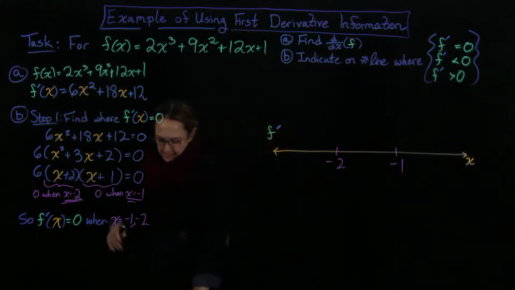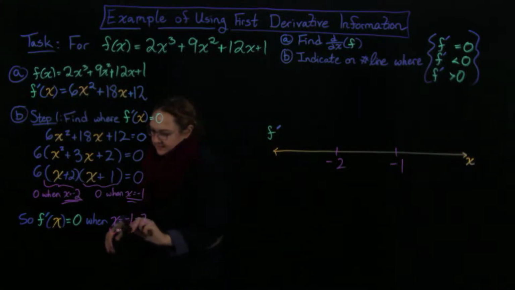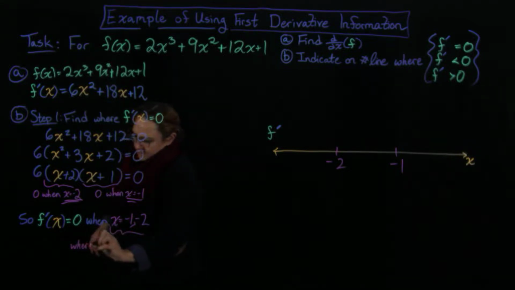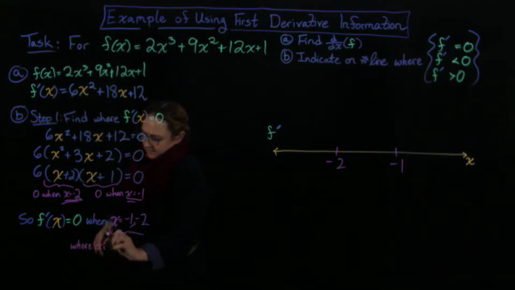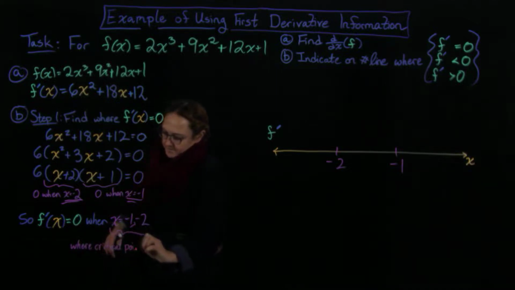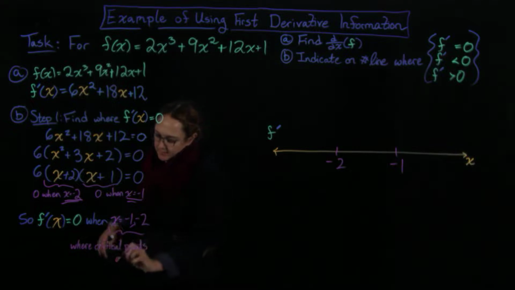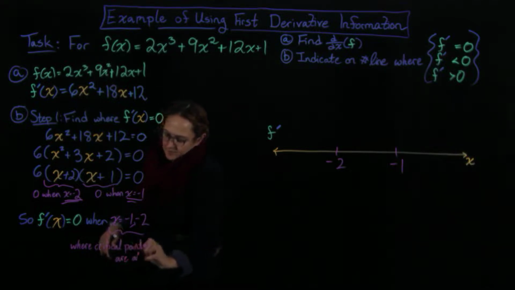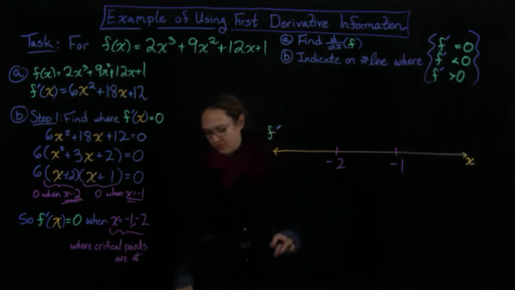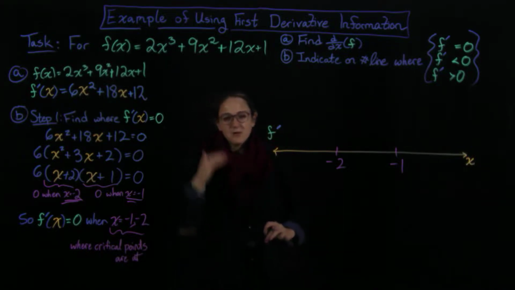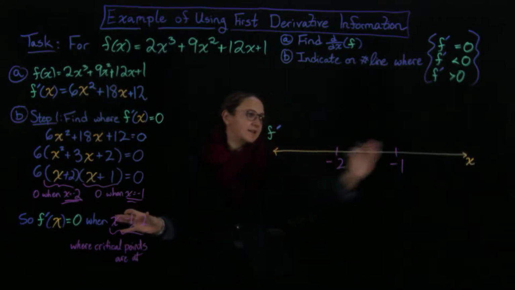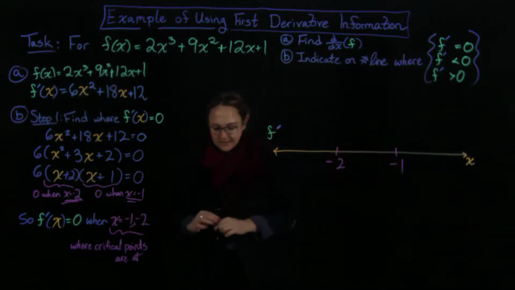So maybe I'll note here that these are where my critical points are. If I'm looking for any switches of increasing or decreasing, or looking for local maxes and local mins, this is where I've got to divide things up and then look at these for the local maxes and the local mins.